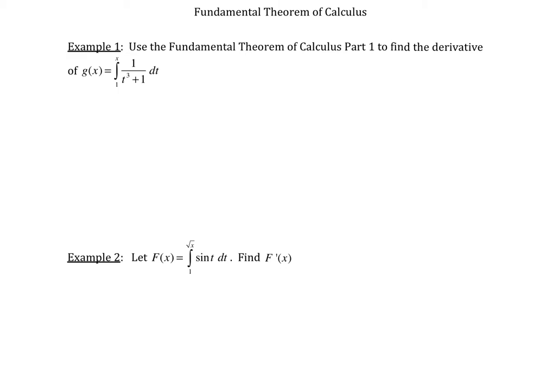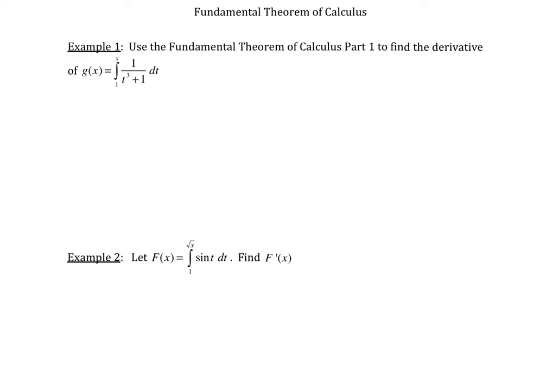So remember, according to the Fundamental Theorem of Calculus Part 1, the derivative is just going to be the inside function. So if we want the derivative of this g of x, when we take the derivative of this, we're just going to get this inside function here where we replace the t with an x.